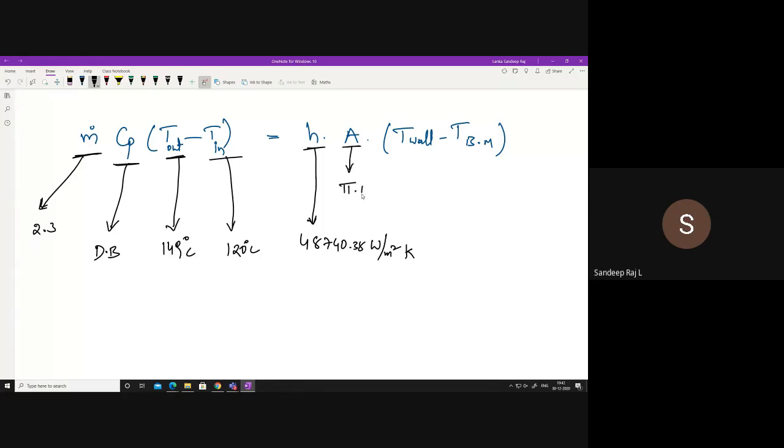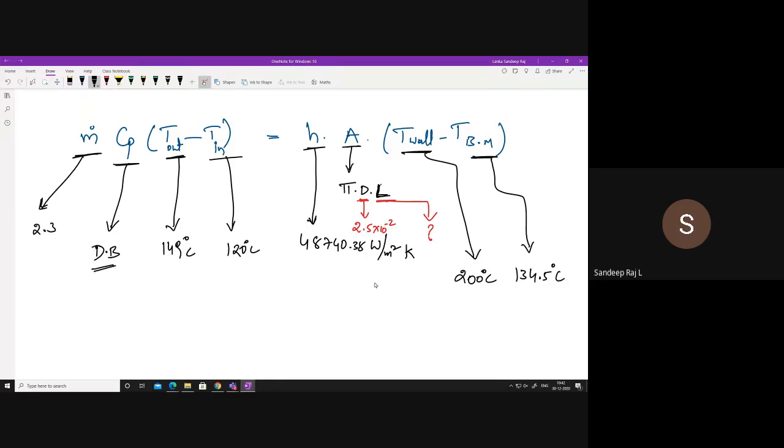It is pi D L. That is the area with which the fluid is interacting. The D value is given in the question as 2.5 times 10 to the power of minus 2 meter, or 2.5 centimeters. L is the unknown value which you have to find out. T wall is given in the question as 200 degrees centigrade. T bulk mean we have found out as 134.5 degrees centigrade.